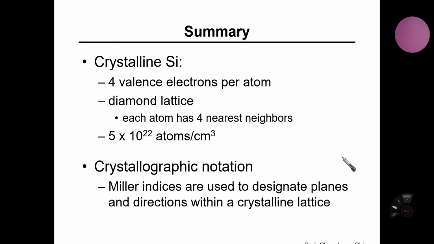Okay, so here is a summary. We have learned about crystalline silicon. A single silicon atom has four outermost electrons. The atomic number of silicon is 14, so it has 14 electrons.